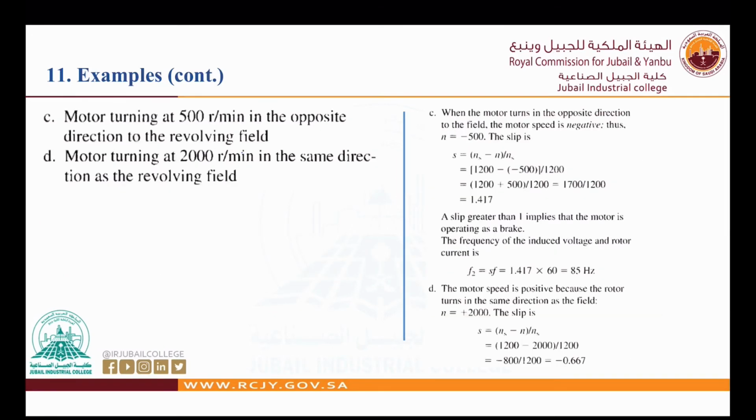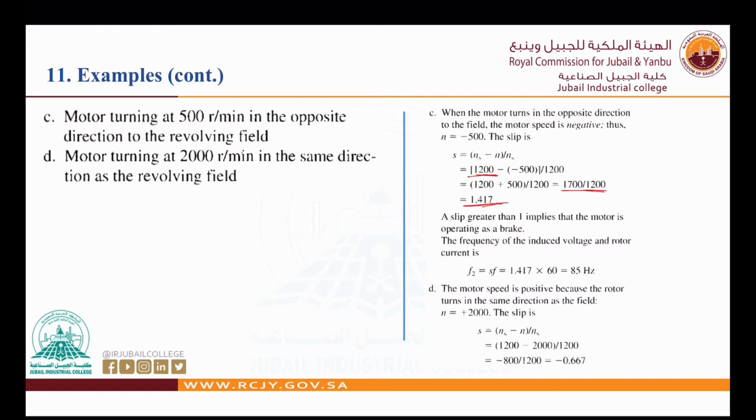Now for part C, the motor turning at 500 in the opposite direction of the revolving field. So 1200 plus 500, because it is the opposite direction, divided by 1200, so it is positive. Now 1700 divided by 1200, the answer is 1.4.